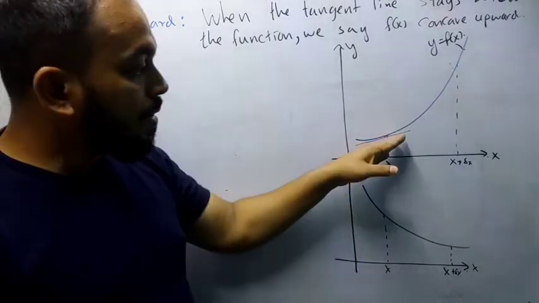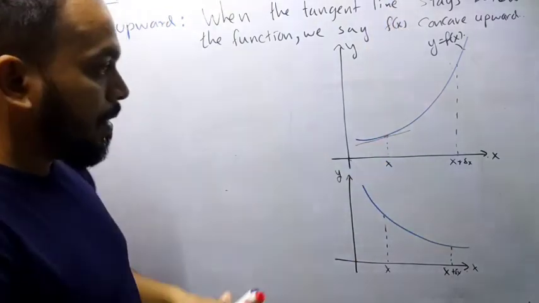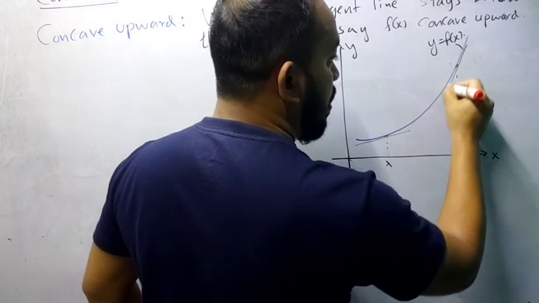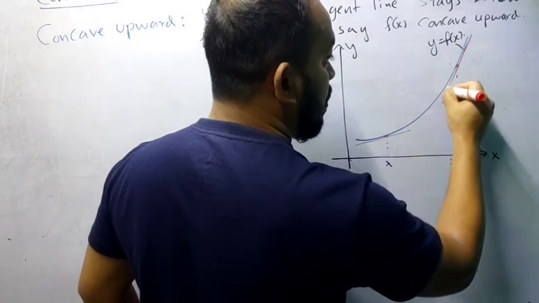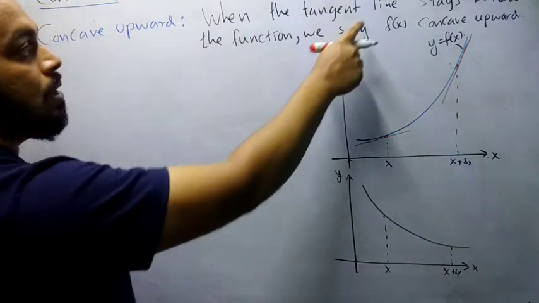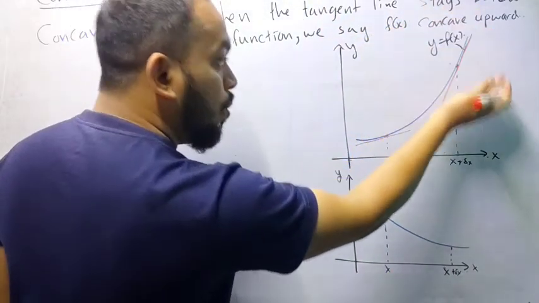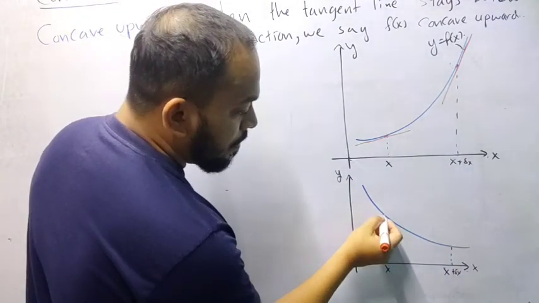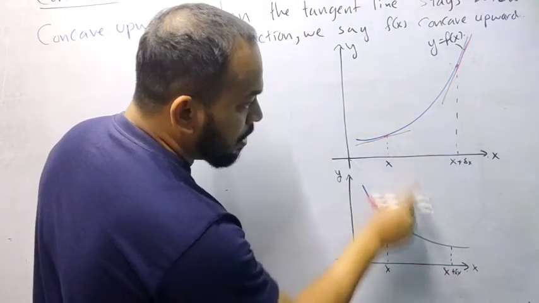So it moves in this direction. And if I take any other point, you can see again that the tangent line stays below the function. Even in this case, so this is a decreasing function, this is an increasing function.